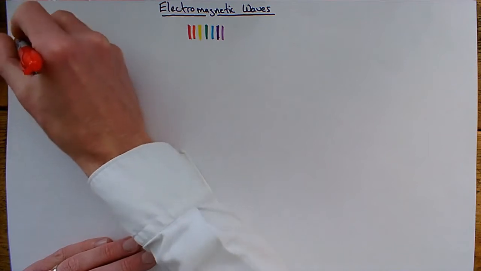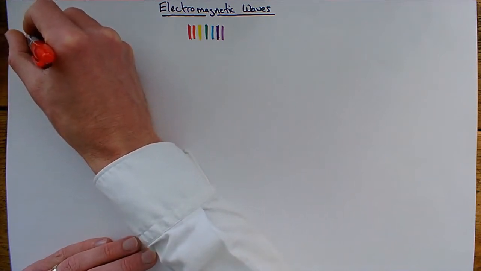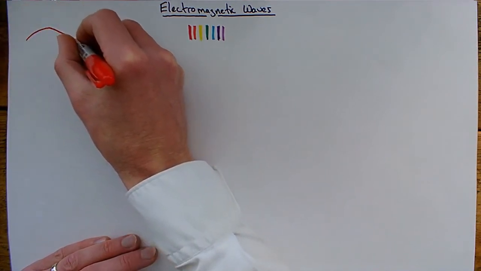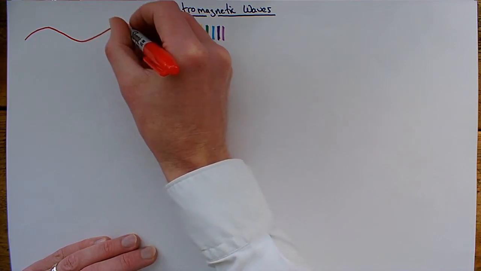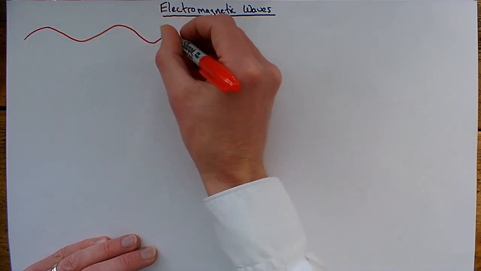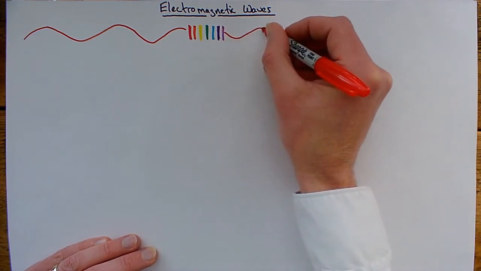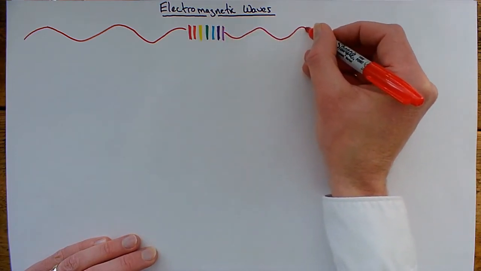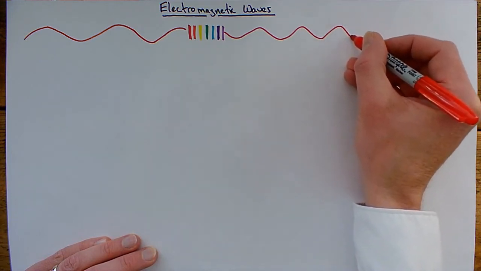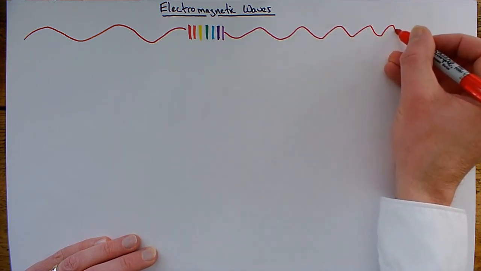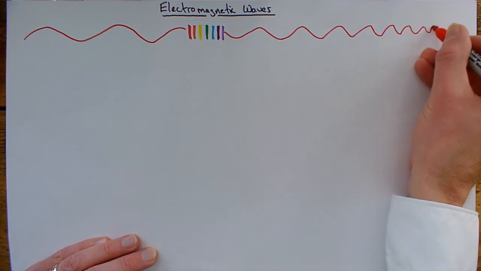And we start with things with very long wavelengths over here. And the wavelengths gradually get shorter and shorter, so we get some very short wavelengths indeed.